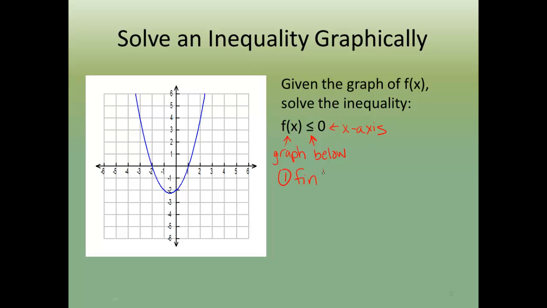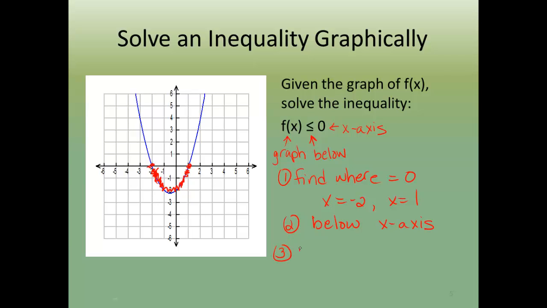First of all, I want to find where it equals 0, negative 2 and 1. Next, I want to find where it is below the x-axis. Below because it says less than. And that's that part of the graph.